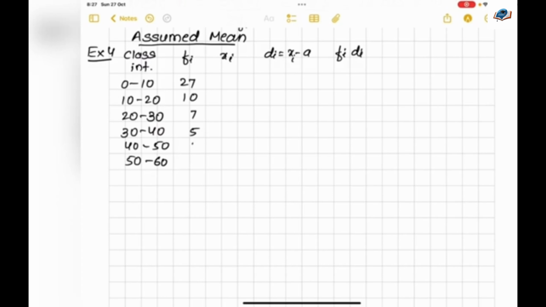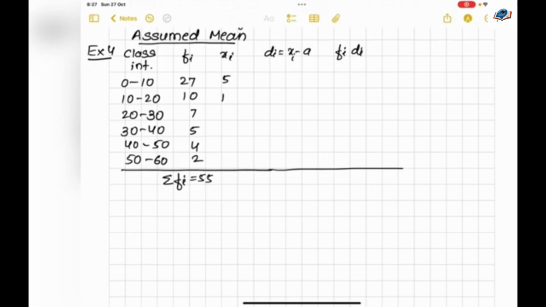So naturally the total will also be the same, sigma fi equals 55. Now again xi, by the same method I will add and bring it to the central value, so I am taking that also as it is.